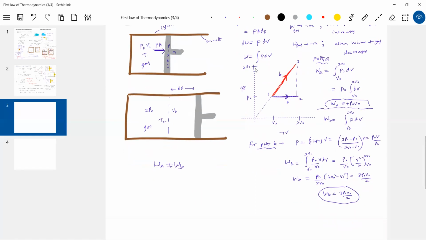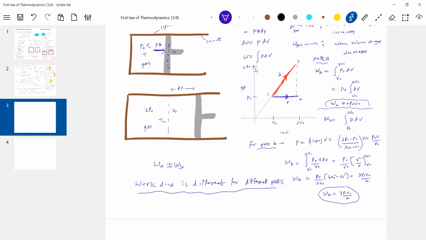So what conclusion can I make? Work done is different for different paths. Agree with this? We can say that work done depends on the path.